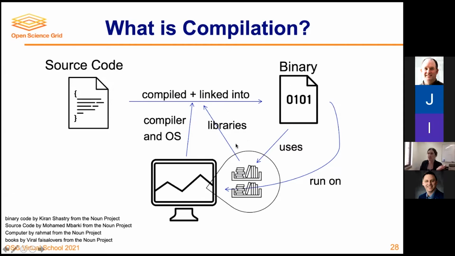So this actually can work just fine on the OSG. It does require that the libraries that your code may use are there and consistent, which if you're using the same operating system is generally the case. More about exceptions in a minute.